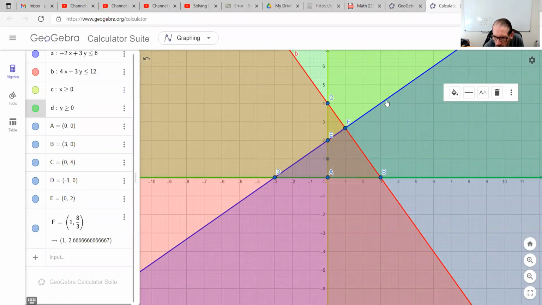The first inequality is in blue, and you can see it shading. The colors mixing makes it a little difficult, but down here, we see this blue shading. The second inequality in red, we can see it shading over here, whereas up here, it's a little tougher to tell. We get this mixture of colors. x greater than or equal to 0 in yellow, and then in green, y greater than or equal to 0. Where those 4 intersections are meeting is showing up kind of brownish.